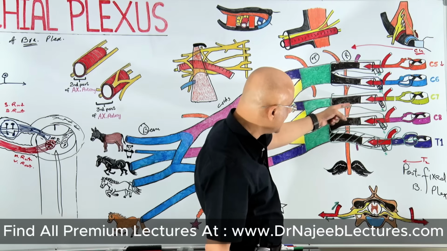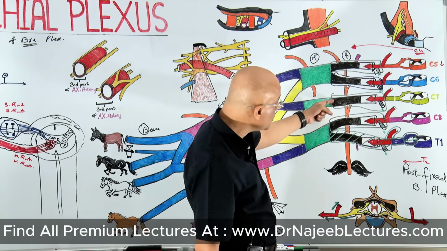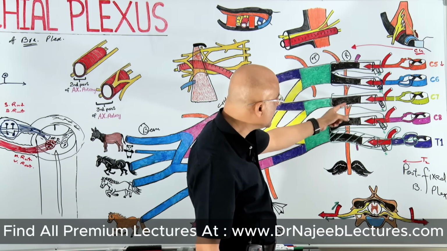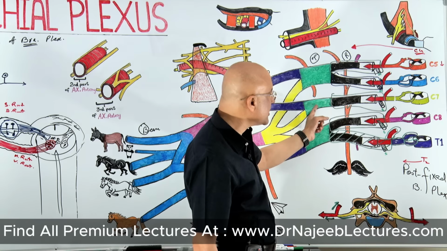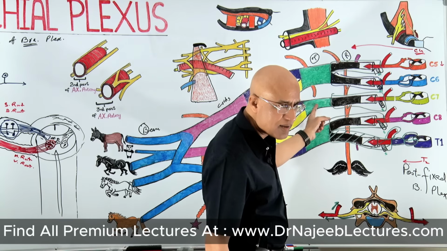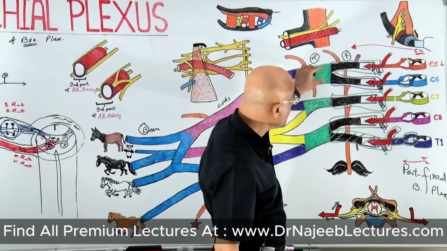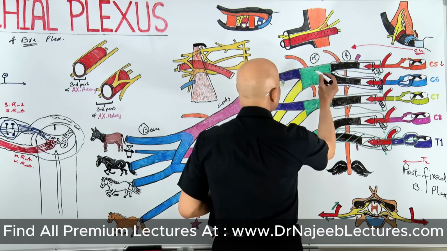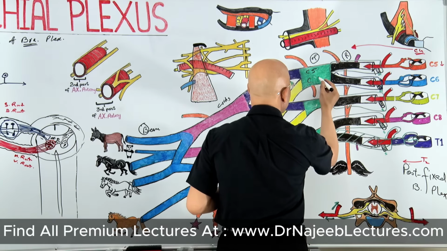This loner C7 root does not continue as such, and this part which continues as such, we say that this root is now converted into a trunk. Which trunk? Middle trunk. This is the middle trunk. Here it was the upper trunk. So the upper trunk has fibers from C5 and C6. I must write. The fibers here are from C5 and C6.